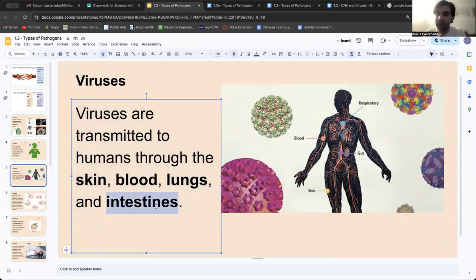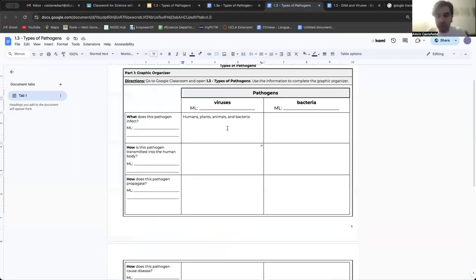If you eat something that has a sickness in it, that could also make you sick. So they can be transmitted to humans through the skin, blood, lungs, and intestines. I'm going to put that for the way it's transmitted. That's how it can come into my body and make me sick.